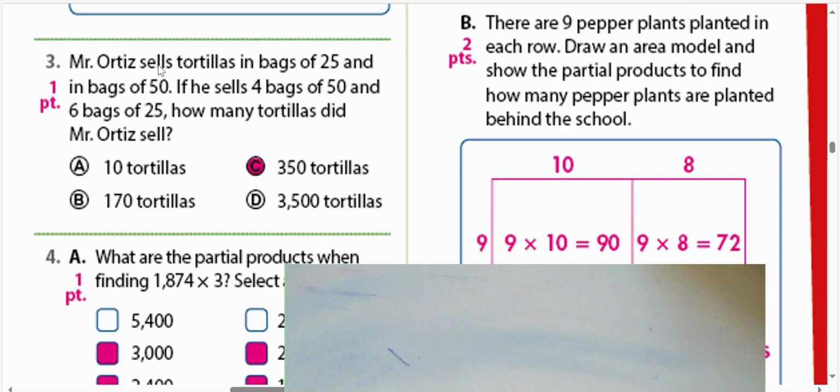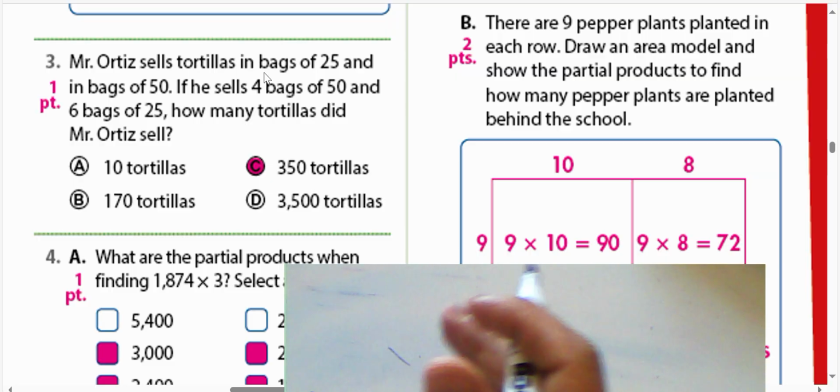Mr. Ortiz sells turtles in bags of 25 and bags of 50. If he sells 4 bags of 50 and 6 bags of 25, how many turtles did Mr. Ortiz sell? We have the numbers here. He sells turtles in bags of 25 and in bags of 50.